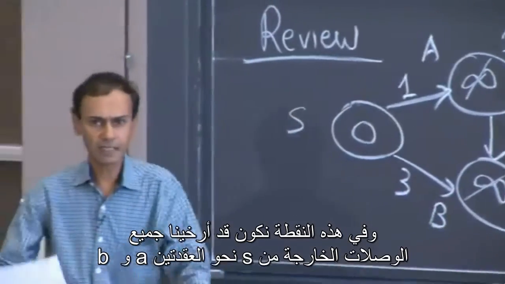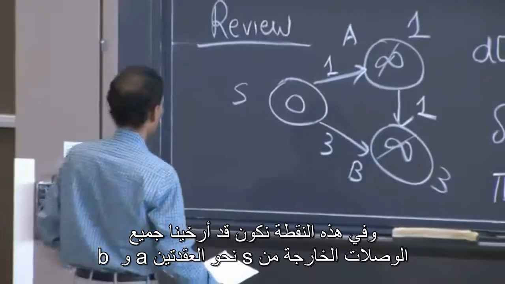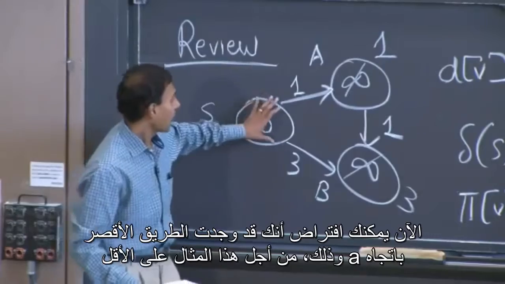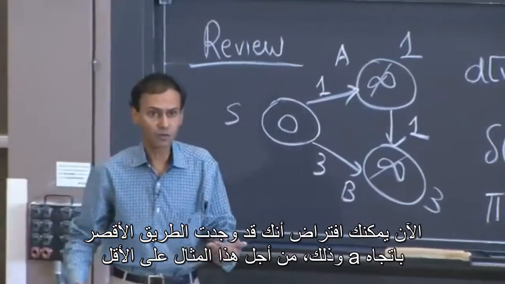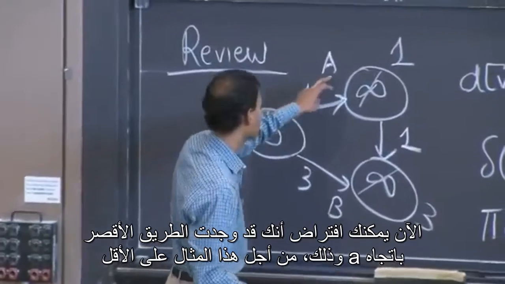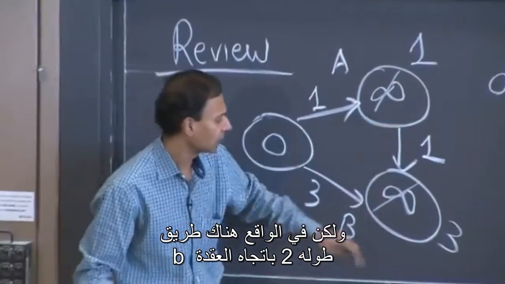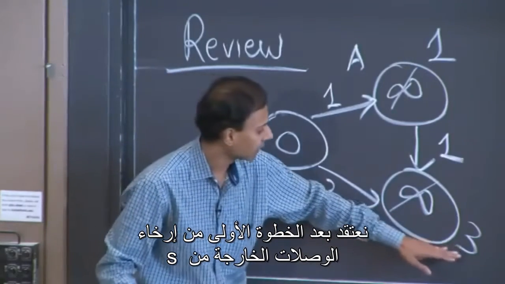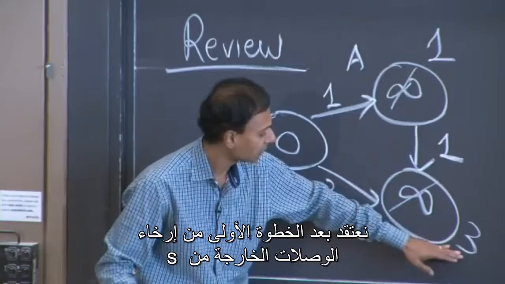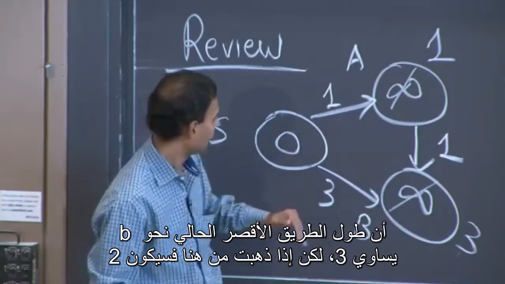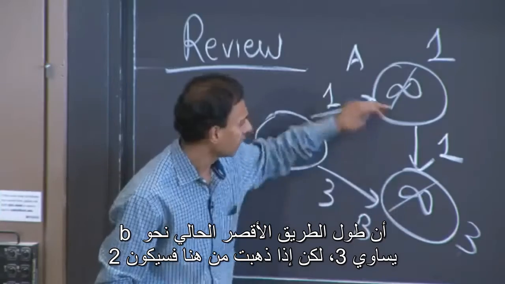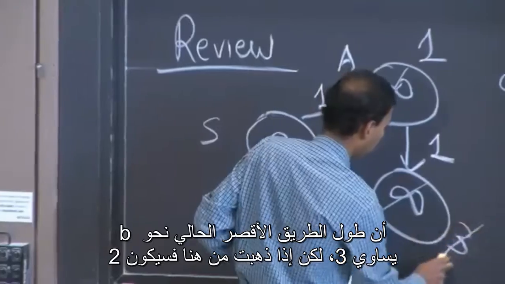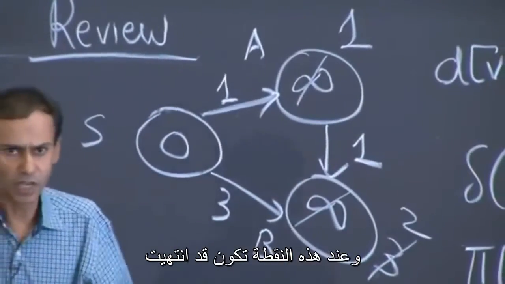At this point, you've relaxed the edges that go out of S to these other two nodes, A and B. You're not quite done yet. At this point, you've found, at least in this example, the shortest path to the vertex A, but there's in fact a path of length 2 to vertex B. Right now, we think that the current shortest path to B after the first step of relaxing the edges from S happens to be 3. But if you go like so, then you end up with 2. And at this point, you're done.